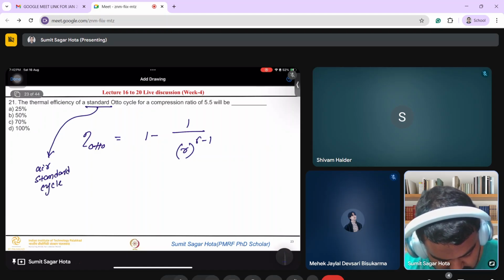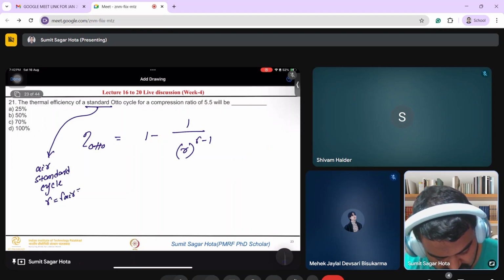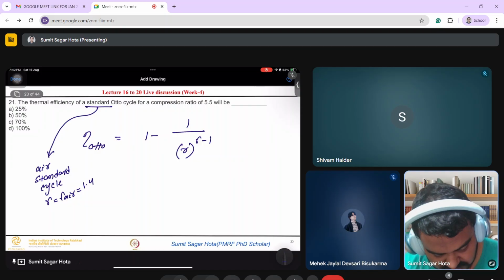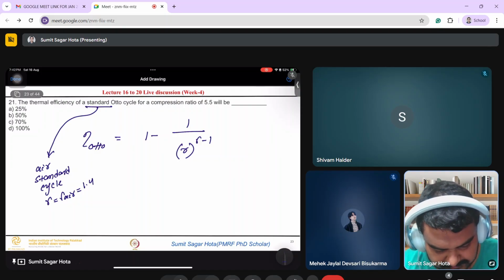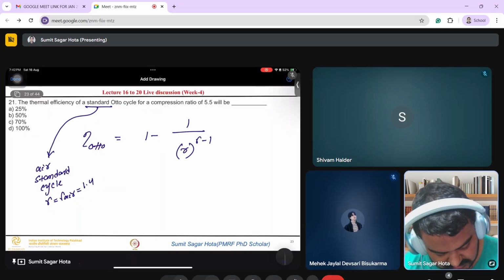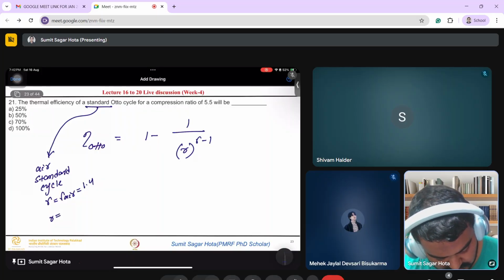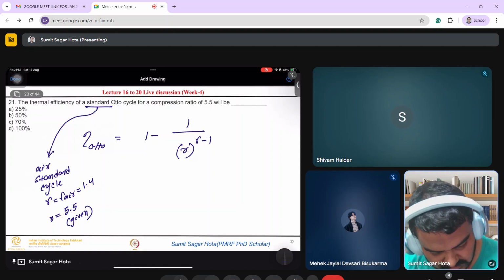Which means gamma is equal to gamma of air, which is 1.4, the ratio of specific heats. And r is your compression ratio, which is given as 5.5. Just substitute and find.